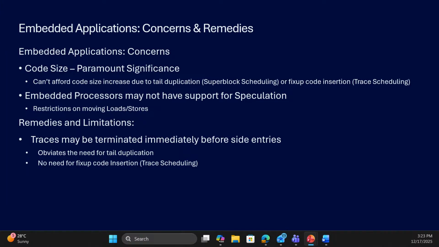Instead of tail duplication, instead of replicating basic blocks, we terminated superblocks before side entries. If you do that, there is no need for tail duplication and no need for fix-up code insertion, that is, creating copies of unrelated instructions that we saw.